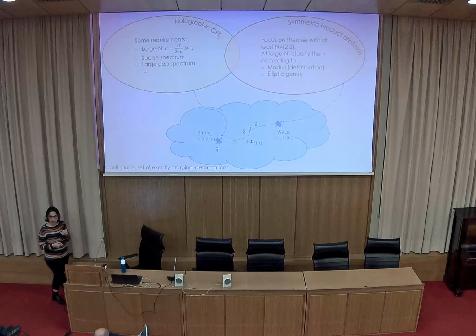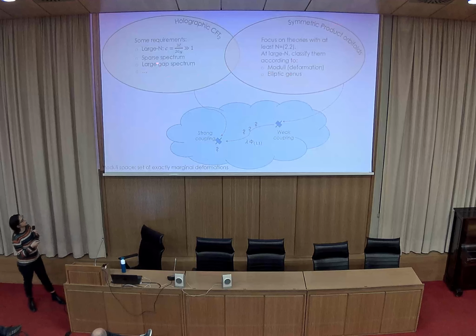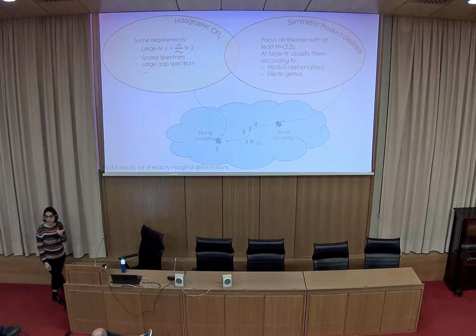There are certain quantities that will not depend on the coupling. So if I compute them here, they should already have the features that I want at the strongly coupled point that should be compatible with gravity. My favorite quantity in that context is what's called the elliptic genus. It counts quarter BPS states. This is very important also for black hole physics, but it has to satisfy various of these sparseness conditions that I'm listing here, okay?